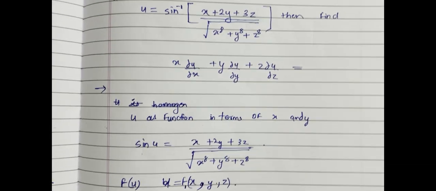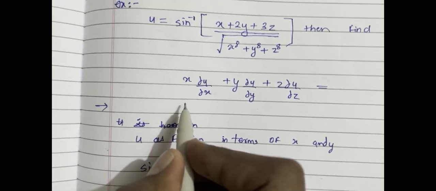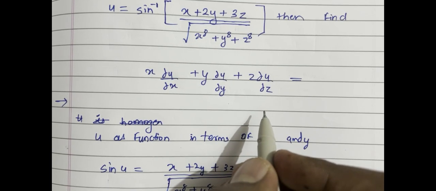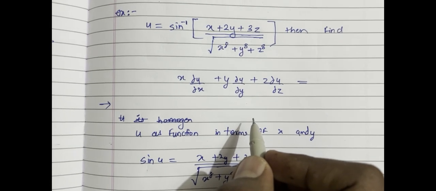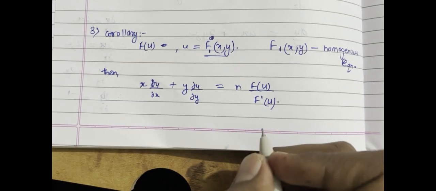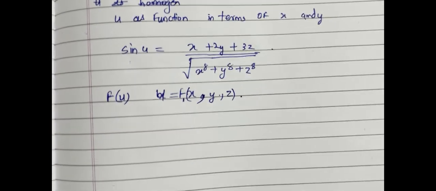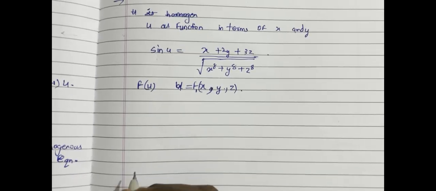Now we will see which condition we are going to find, that is x ∂u/∂x plus y ∂u/∂y plus z ∂u/∂z, and this is stated correctly in the third corollary. We got the correct corollary, and now we will solve the question using the third corollary.